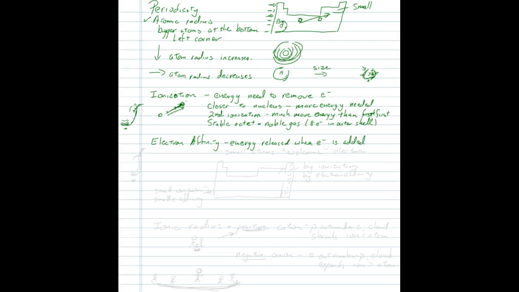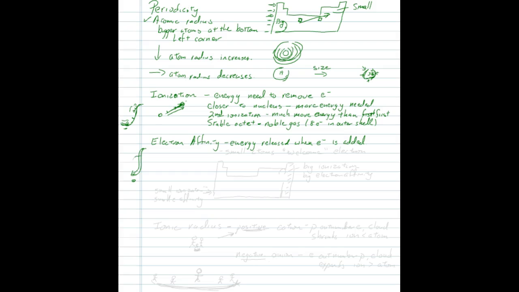This is kind of like the opposite of the hill. If you let the brakes go at the top of the hill, you're going to get more energy out of it as it slides down. So that means it's going closer to the nucleus, which means it's a small atom.